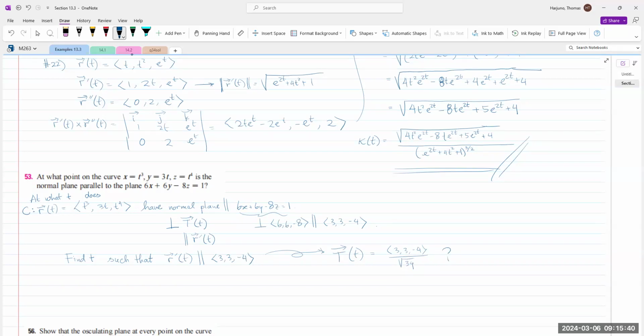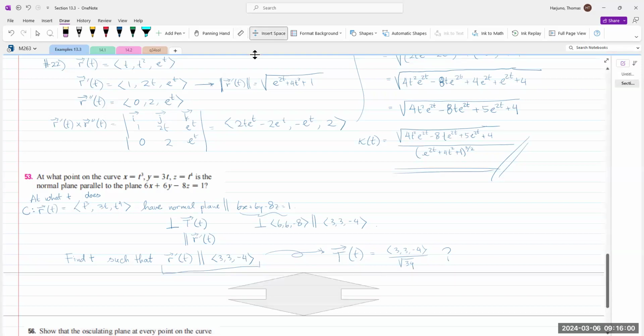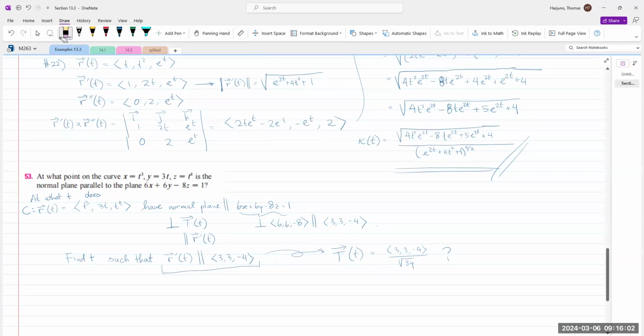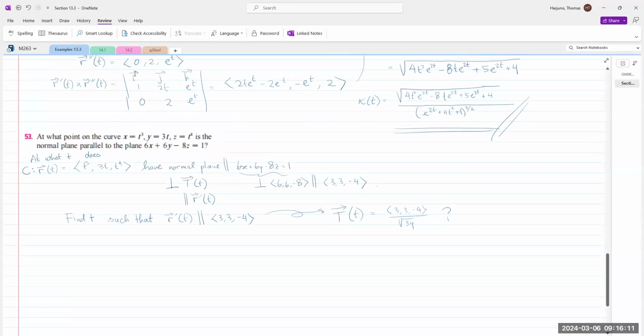But in essence, we are actually finding the derivative of r(t), and when will that be a multiple of that (3, 3, -4)? So I think I will proceed with the first option, but again, maybe seeing it with the unit tangent vector is easier. Okay, let's start.